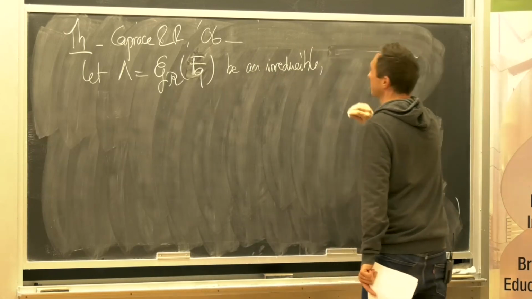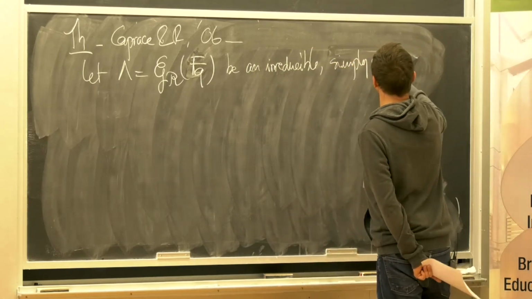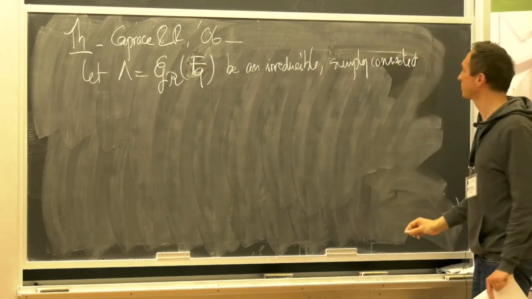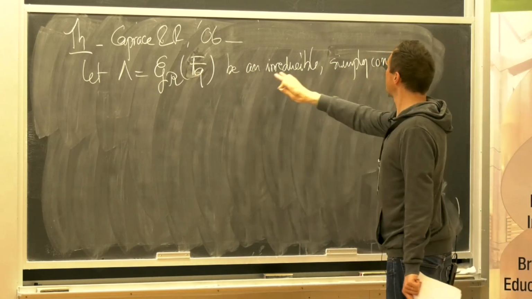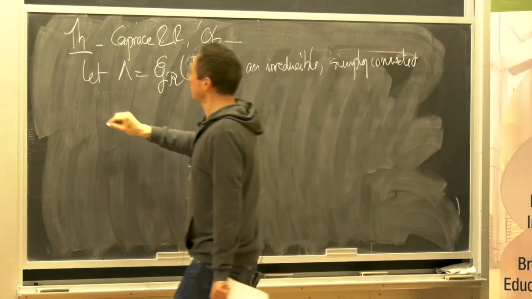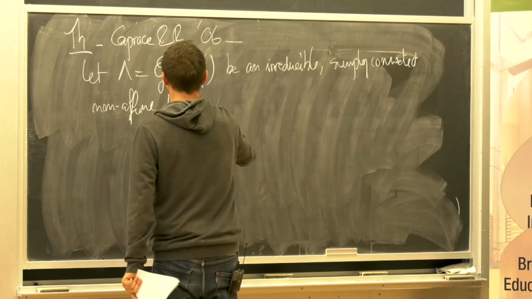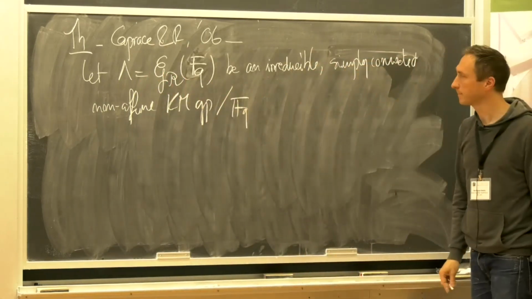I have to be careful with my assumptions. I take an irreducible, simply connected, non-affine Kac-Moody group over the finite field F_q, generated by root subgroups.